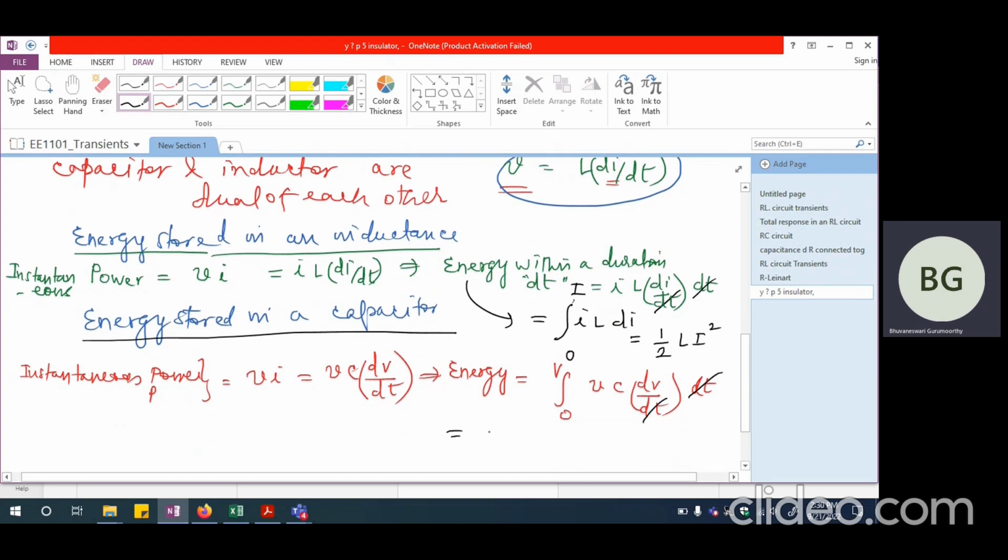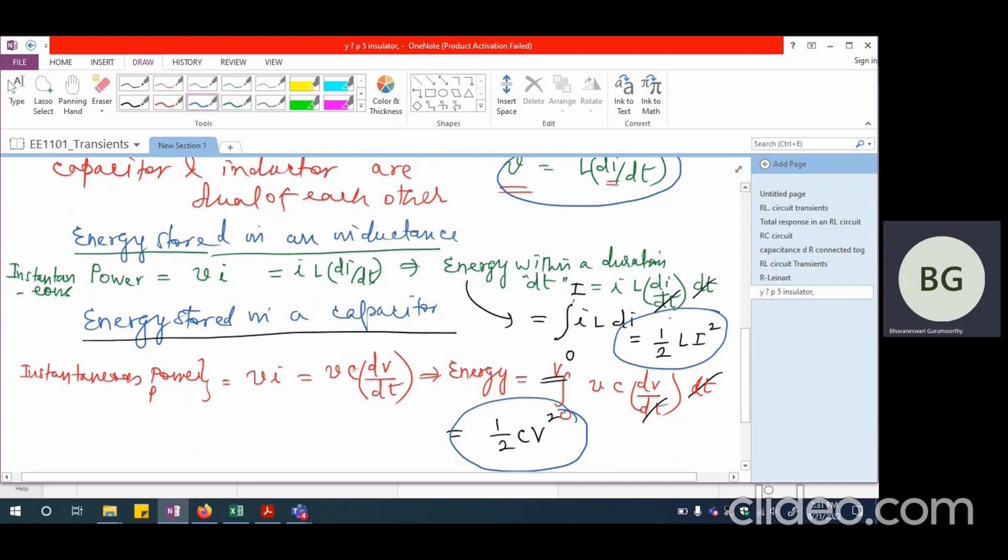So I should be able to write this as half C V square, where the maximum voltage reached by the capacitance is V. Whatever it has accumulated as charge, that is manifesting in the form of a potential difference, which is V. So half CV square happens to be the energy stored by a capacitor, and half Li square happens to be the energy stored by an inductance.